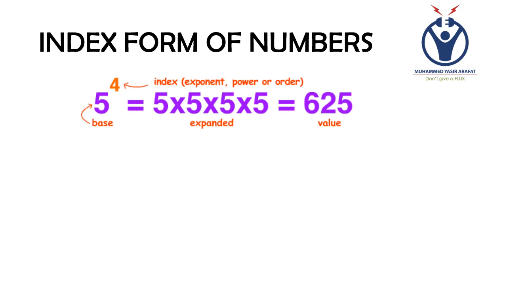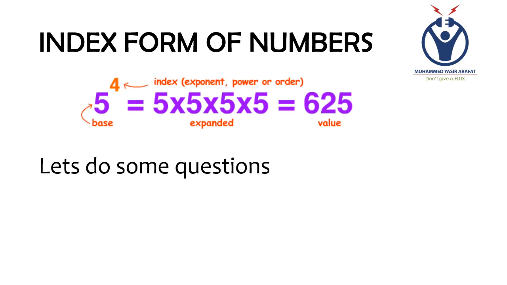In expanded form, this is 5 multiplied by 5 multiplied by 5 multiplied by 5. The number that gets multiplied by itself is the base, and the number of repetitions is the index. After multiplying, the value is 625. That is the end result.